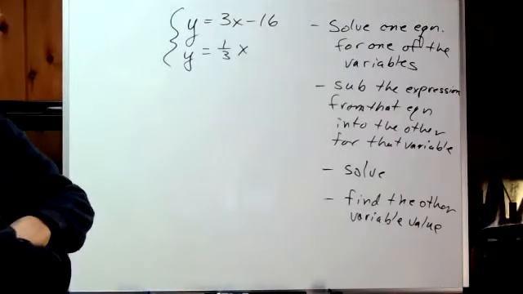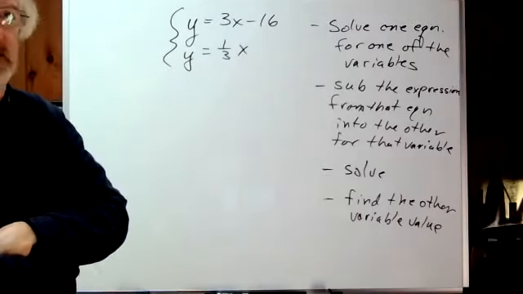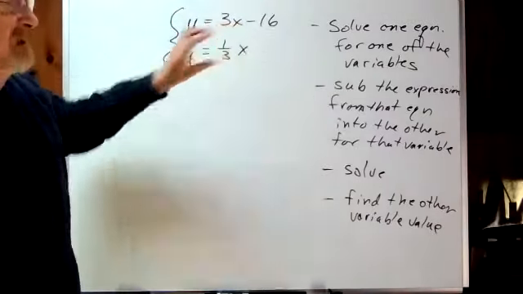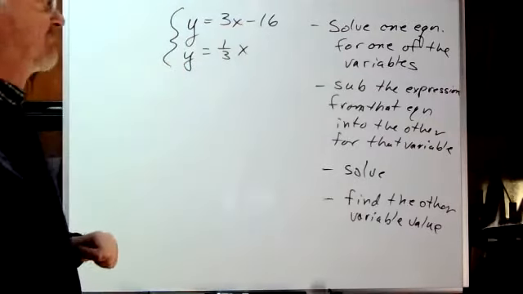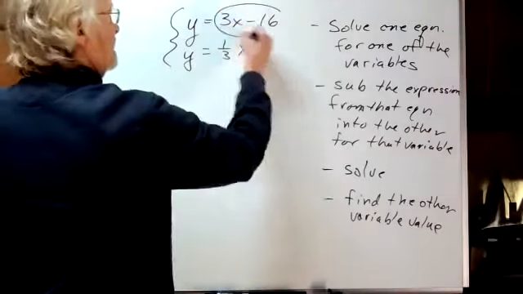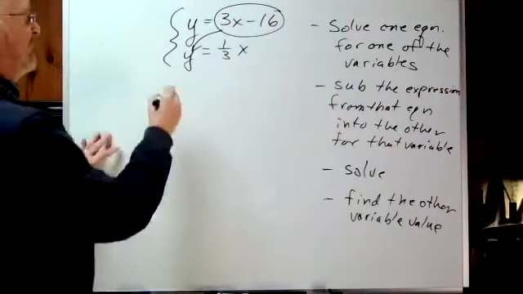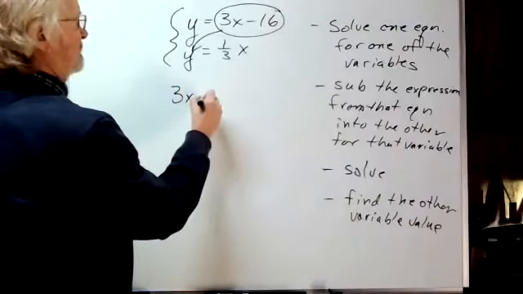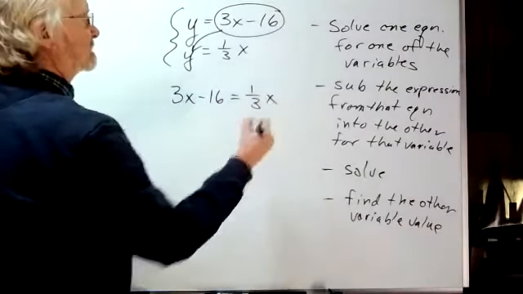All right, so this is another one where y already is solved in both of them, so I can just take these two expressions and set them equal to each other. Both of them are supposed to be equal to y. So 3x minus 16 has to equal 1/3 x.